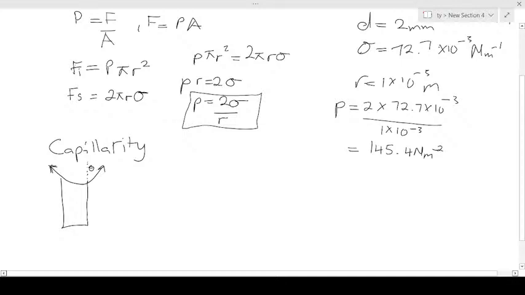Now at the same time, this is the force, so we have this force here being 2 pi r, and then your surface tension, as we demonstrated earlier.